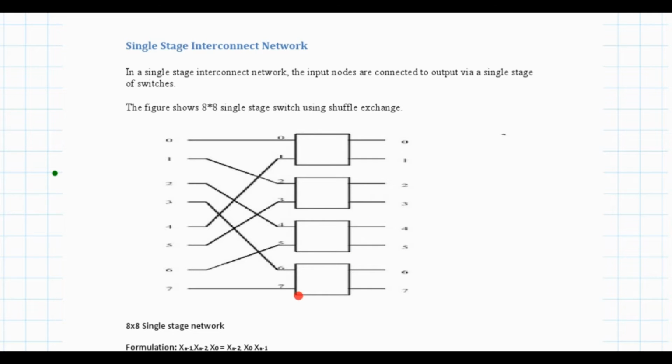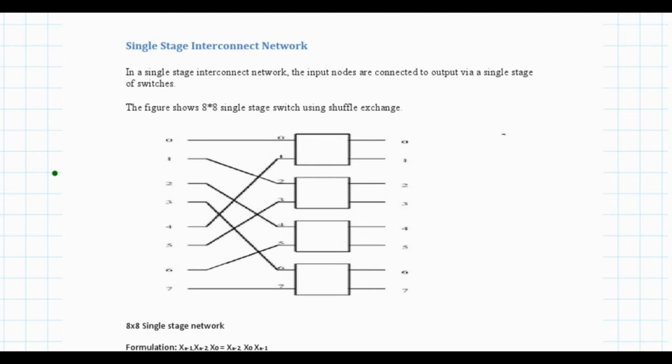Now, this number of Banyan switches actually forms a stage, as between the processors there is only a single layer of Banyan switches. Hence, this is a single stage interconnection network.